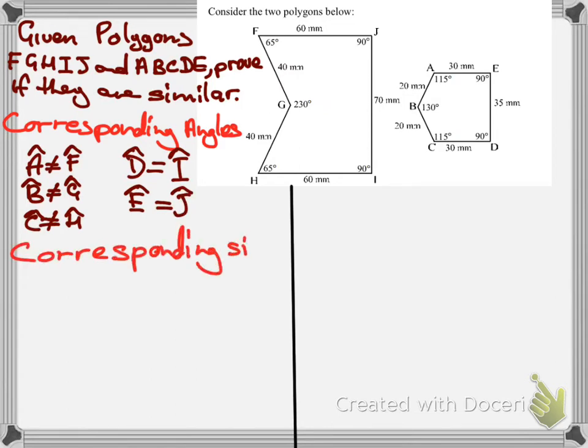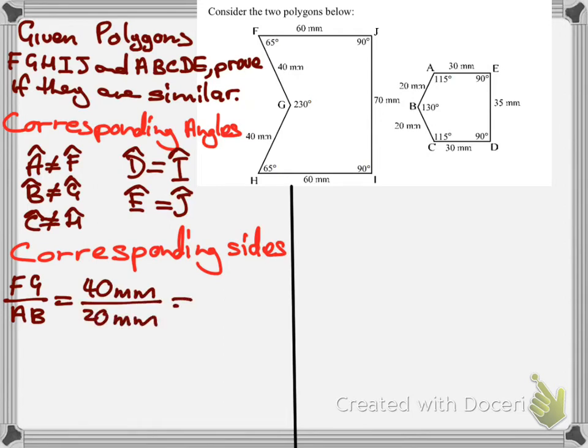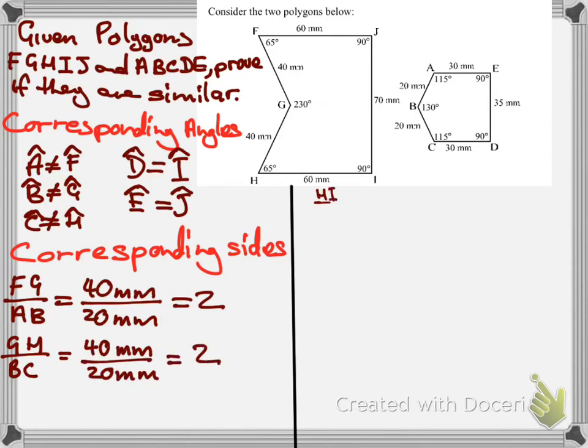Let's look at the corresponding sides. Now you can see FG all over AB reduces to 2. And then GH all over BC reduces to 2 again. And then HI all over CD reduces to 2 again.